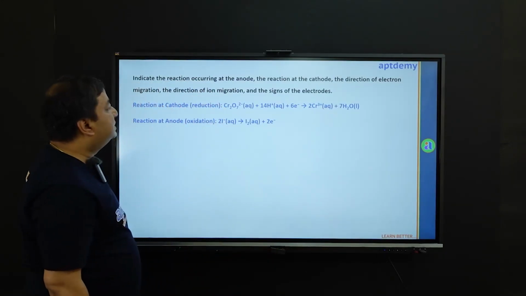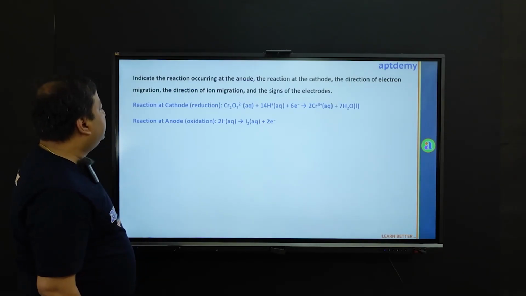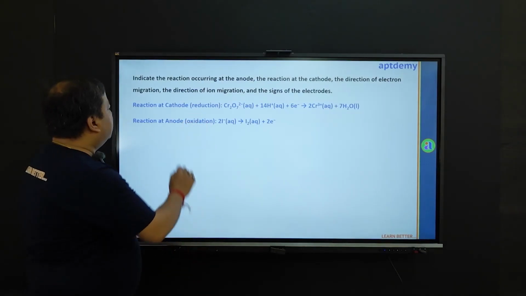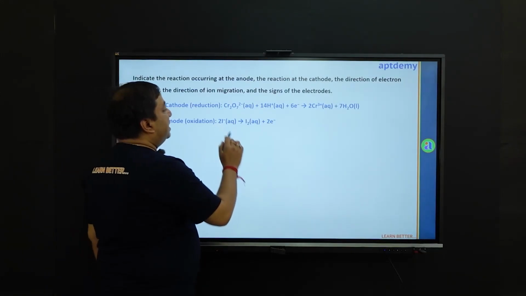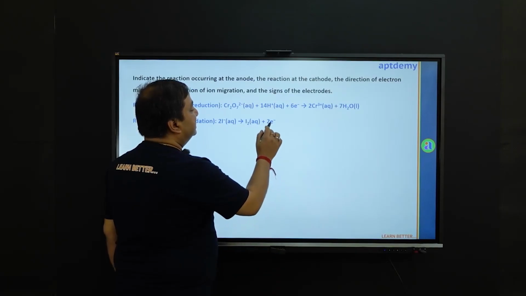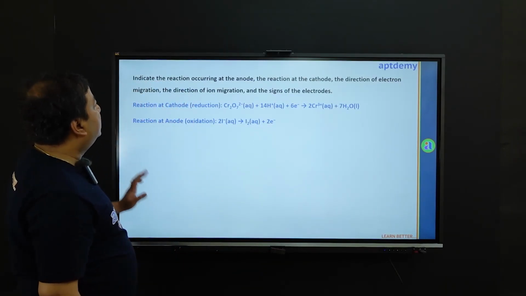That will be the balanced reaction occurring at the cathode, and it is the reduction reaction. The reaction at the anode will be the oxidation, and over here 2I minus will produce I2 and release 2 electrons. So we have covered all the topics over here.